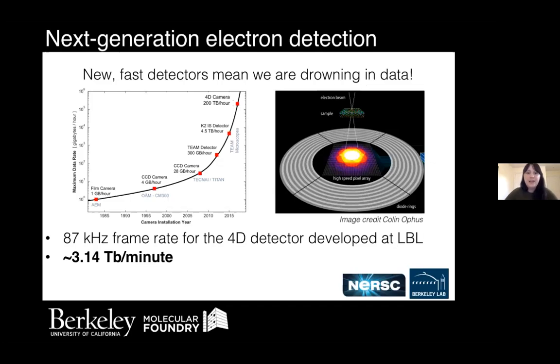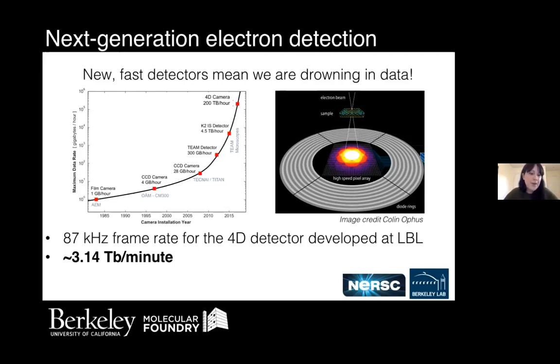This is the reason that we're drowning in data. The so-called 4D camera is a project that's developed through some other folks at NCEM collaborating with various facilities at LBL. So this detector operates at 87 kilohertz frame rate. And so that's the speed that it's reading out pixelated diffraction pattern images.